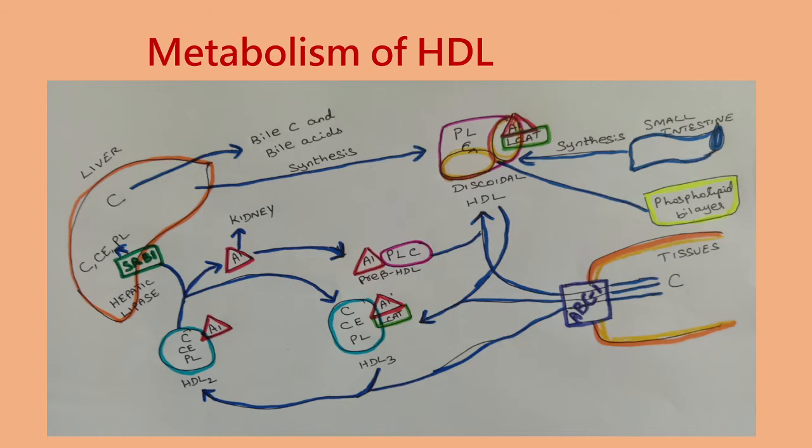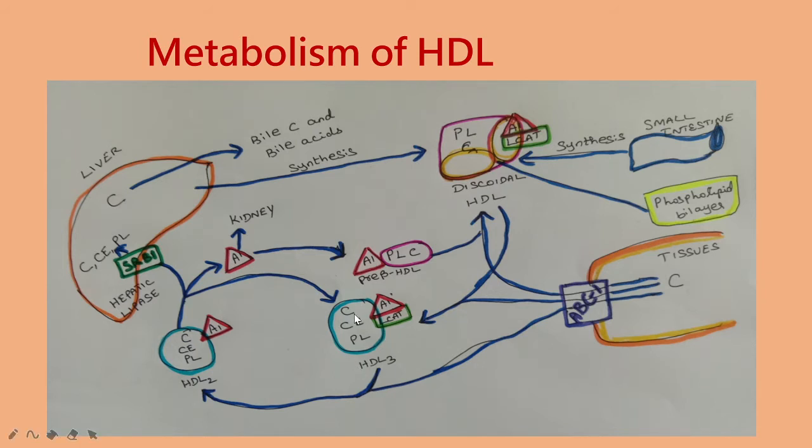Then the cholesterol esters will move into the hydrophobic interior of the bilayer, and the lysolecithin will be transferred to plasma albumin. So a non-polar core will be generated, forming a spherical HDL.